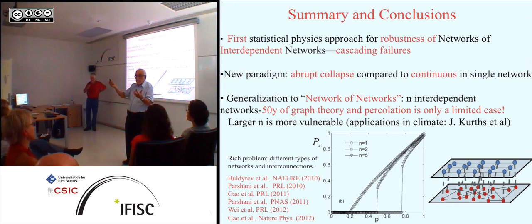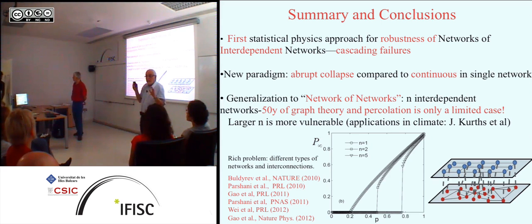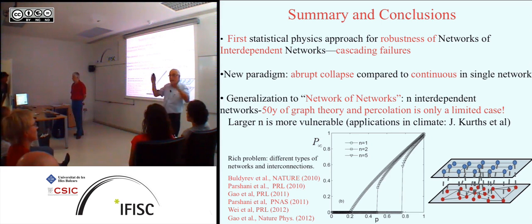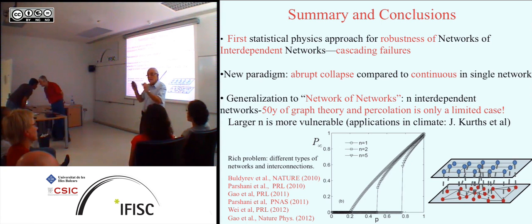You can have two layers, for example, where something that happens in one layer can strongly infect the other layer, but it can also connect the layers. For example, heat can go from one layer to another. So it's not as simple as I say. Not every time you can use the dependency. You have to be careful when you use the dependency. It's only when you really have dependency between the networks.